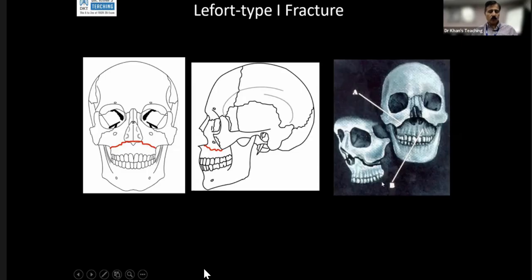So what will happen, that you will see this alveolar ridge of maxilla. If you hold this patient's upper teeth, you will see that they will be slightly mobile. So this is Le Fort 1. So this is the fracture line passing through the alveolar ridge of the maxilla.